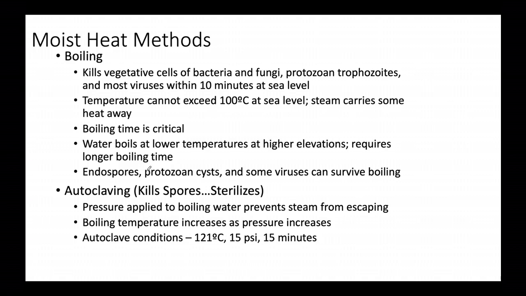Autoclaving is going to be, as I mentioned, a really important way to sterilize things. So it will even get rid of endospores. And so that is the highest level of control that we're talking about. And the way it achieves it is by going above the temperature that water boils. And so you can do that by increasing the pressure.